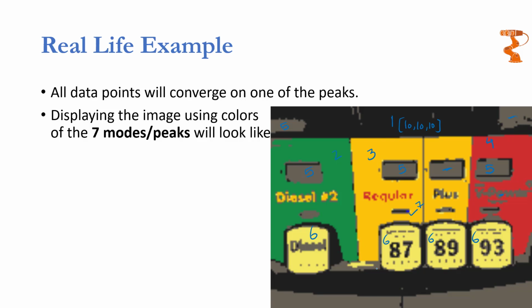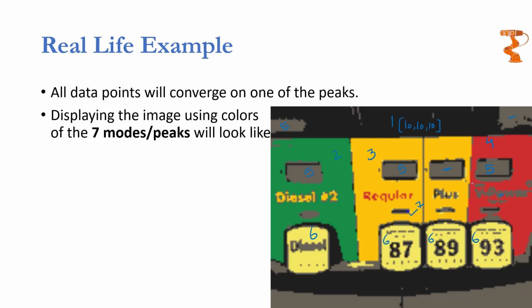So the whole image has been divided into 7 regions, and now we know that this green color is representing one region, yellow color is representing another region, and similarly all colors are representing a different region. You can use a different value of bandwidth to get different number of regions.